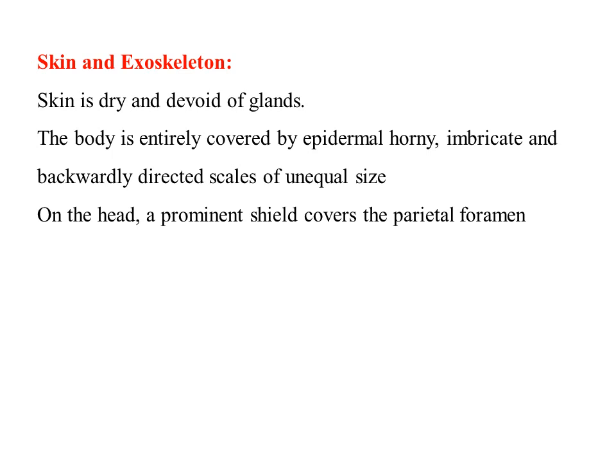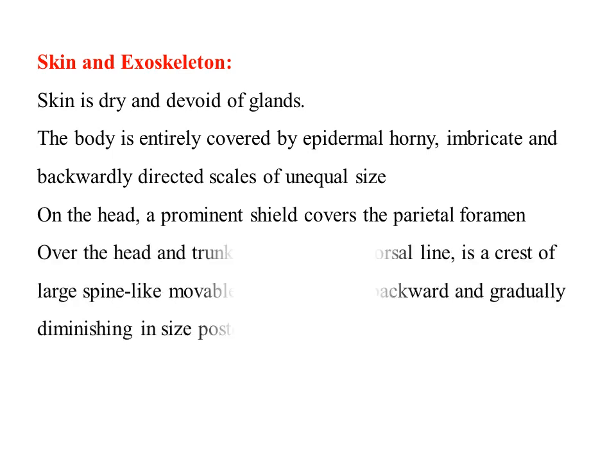On the head, a prominent shield covers the parietal foramen, and two spines are present above each ear opening. Over the head and the trunk along the mid-dorsal line is a characteristic crest of large spine-like movable scales which are directed backward and gradually diminish in size posteriorly.